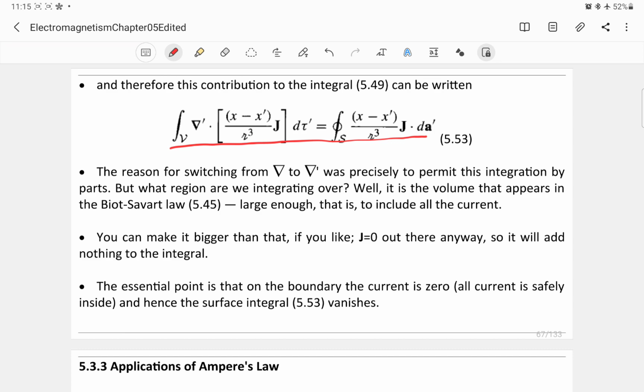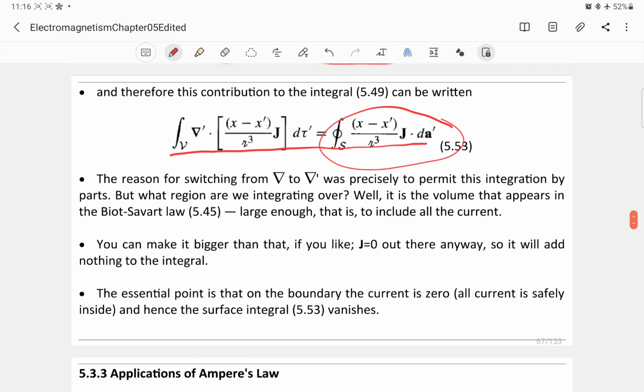And you can make it bigger than that, but J is equal to 0 out there anyway, so it will add nothing to the integral. The essential point is that on the boundary, the current is 0. All currents are safely inside, and hence the surface integral vanishes. Here you're integrating just on the surface, and there's no current on the surface, so it's 0.